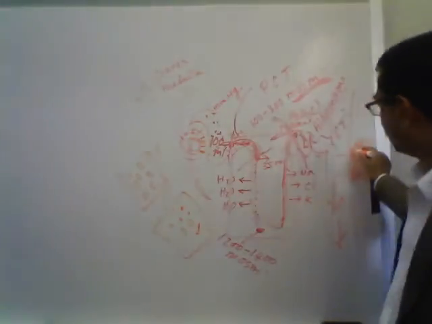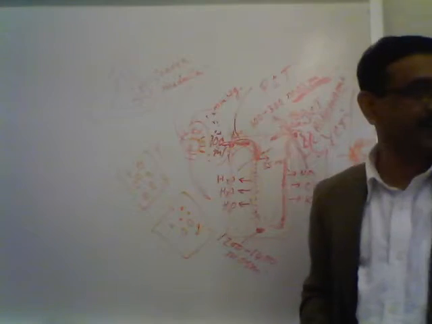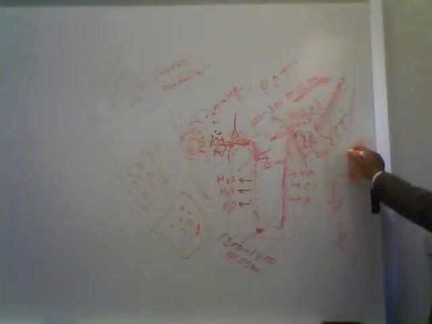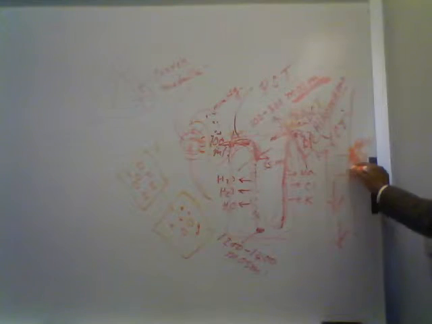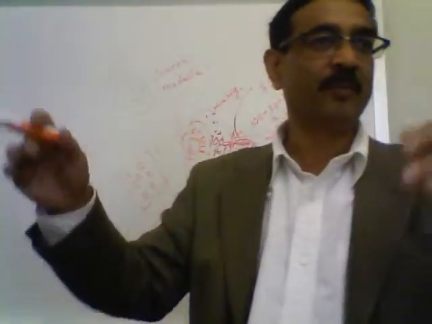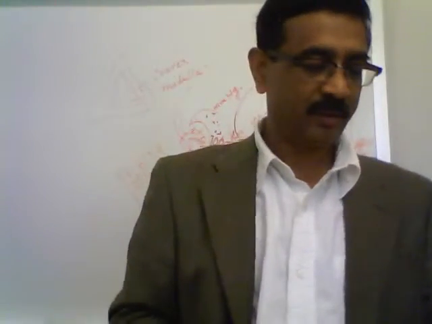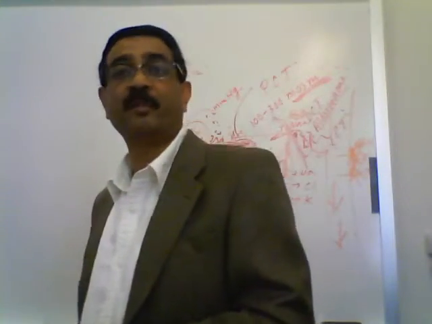So what that medicine does is it blocks the ADH action on the collecting duct. Make sense? So if you block the ADH action here, then ADH will not be able to reabsorb water. Water will get out from the body quickly. Make sense? So that's how many blood pressure medicines work.